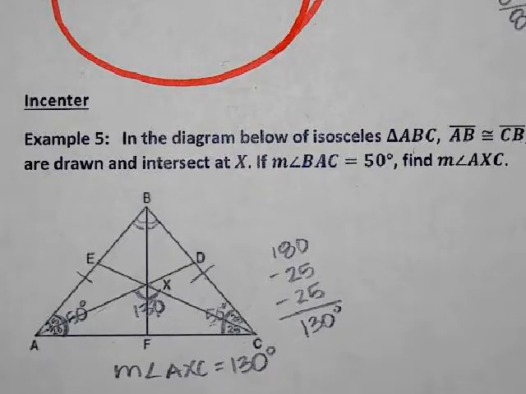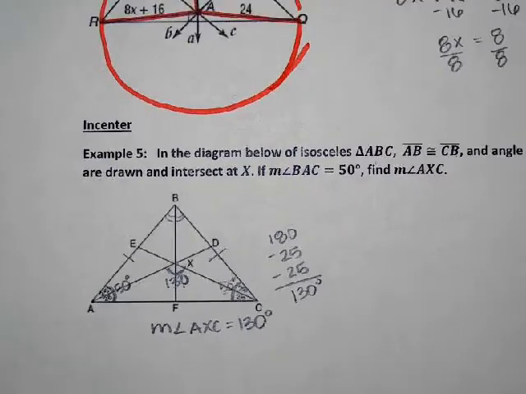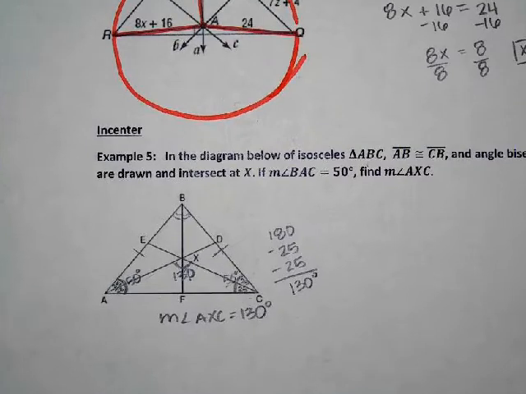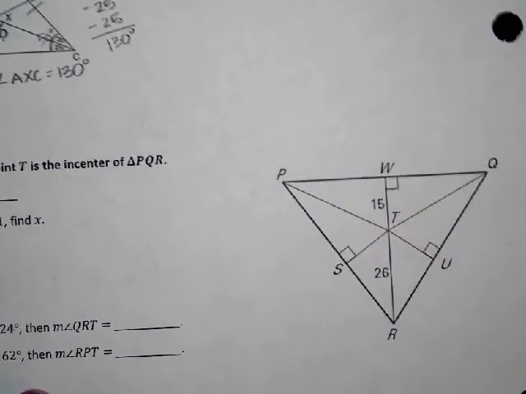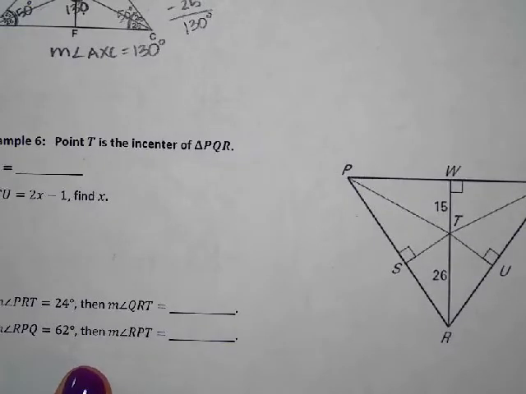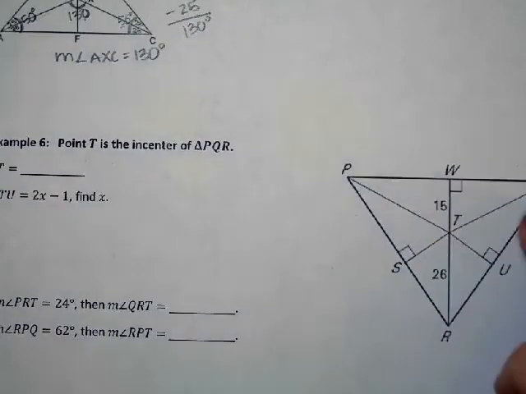Okay. For the next one, it says we have an incenter. So since we have an incenter, on this one, the first two things they're asking us to do have to do with lengths. And since they have to do with lengths, we're going to go ahead and draw the picture. So we're going to start off by drawing the center.